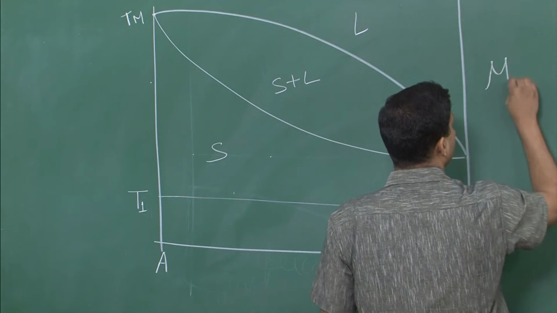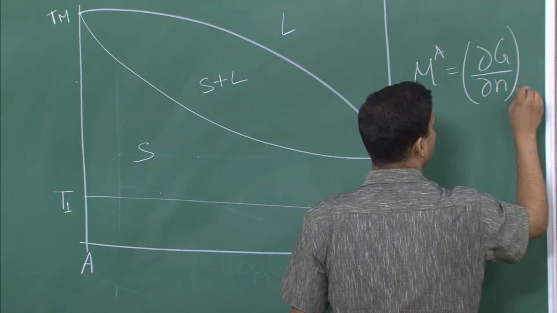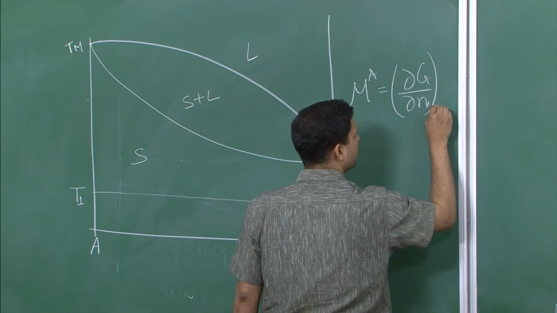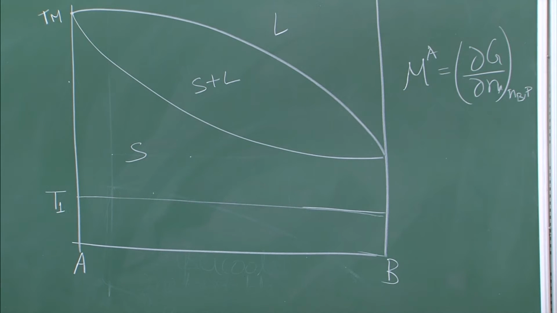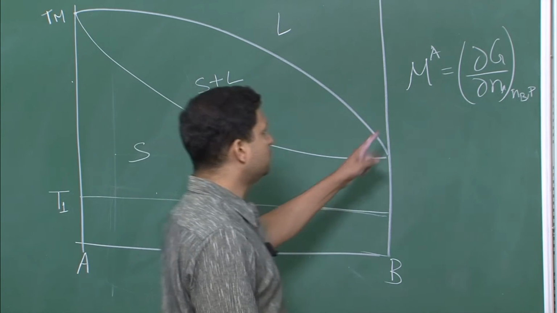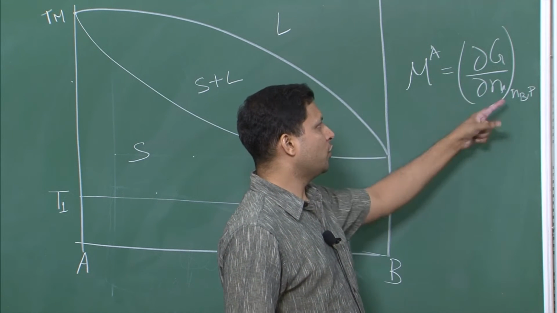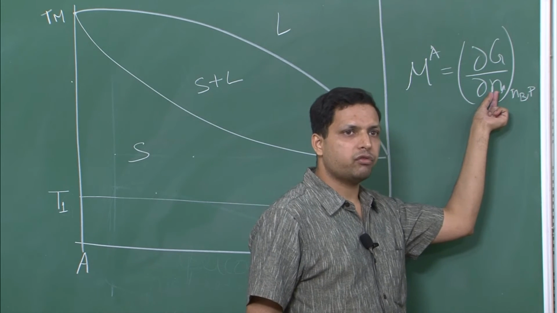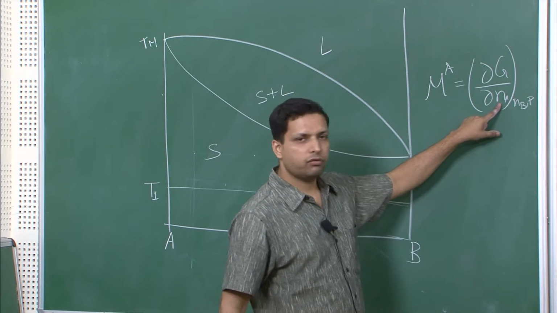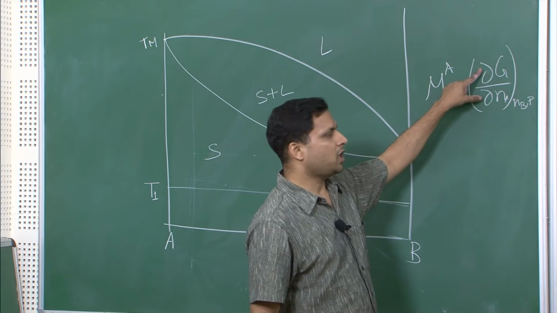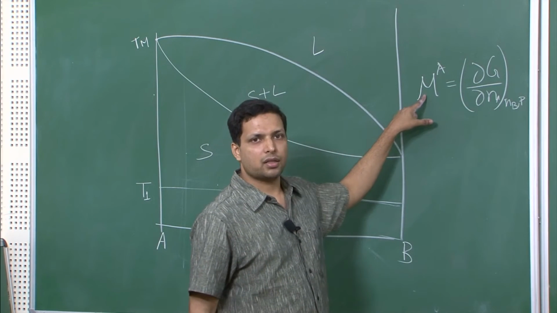If we are talking about mu A, this is the equation that gives the value of chemical potential mu A, meaning this is the change in the overall energy of the system when you add a small amount, or small mole, of A. Basically, you are changing the ratio of A and B, because we are talking about moles of A. So when you add this small amount of A, what is the change in the Gibbs free energy of the overall system? That is what is called the chemical potential.